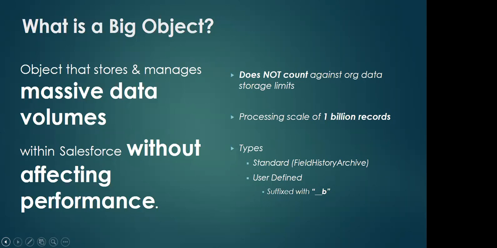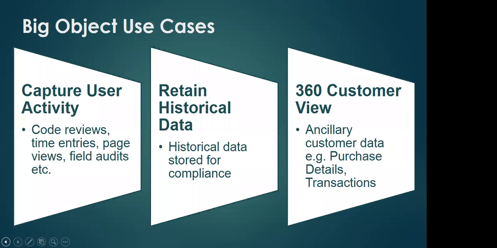With that, we've understood what are the challenges that big objects address, but for any tool or any new feature that we implement, there is a certain sweet spot or certain use cases that it is best suited for.